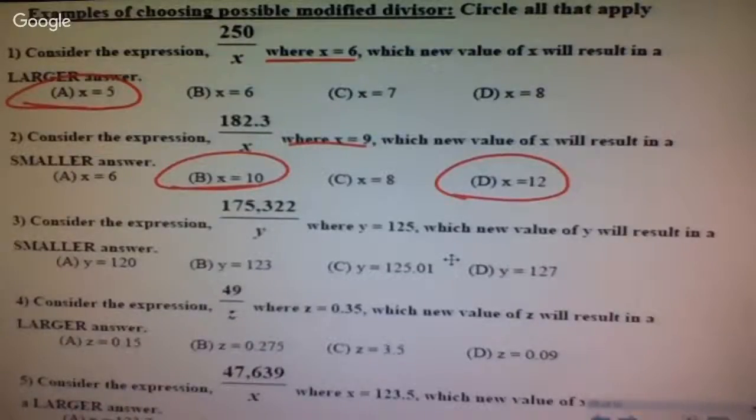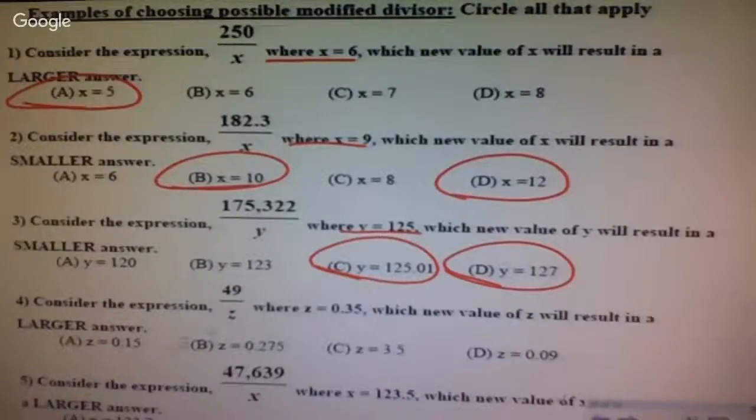Number 3. Right now I'm dividing by 125. I want my answer to get smaller. 125.01. It's still bigger than 125. Not by much, but it's still bigger. And 127 will work.